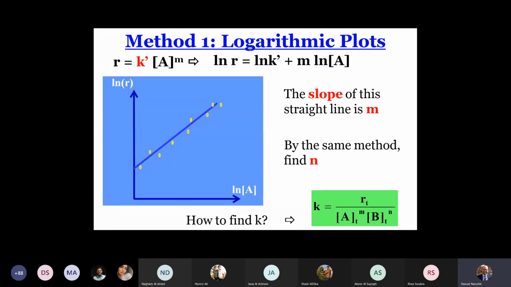In experiment 2, you obtain a set of data t, [A], [B], RA, RB, and r of the reaction. You can use one of these sets in experiment 1 or in experiment 2 to find the value of k.